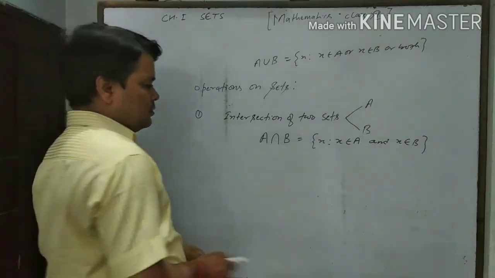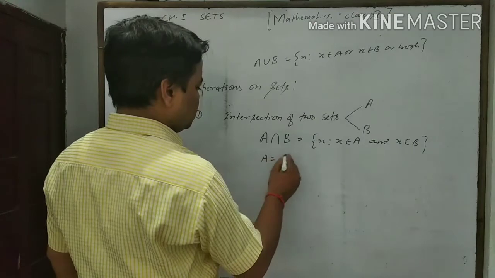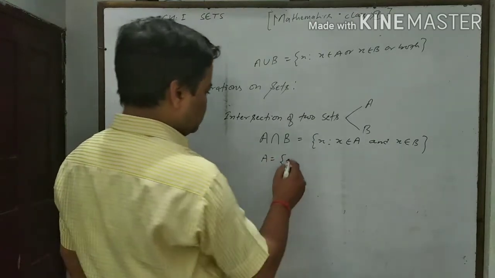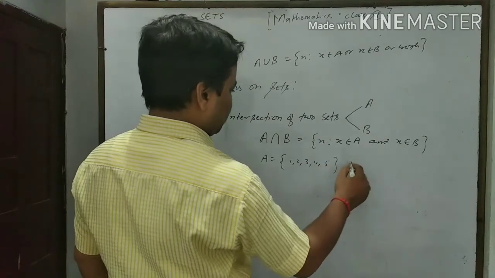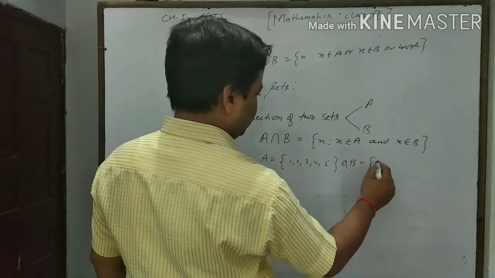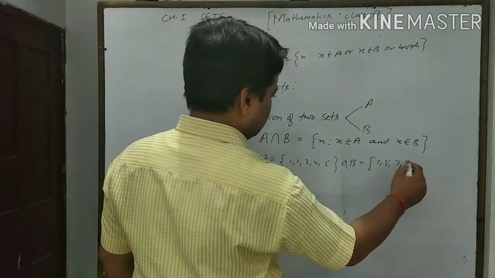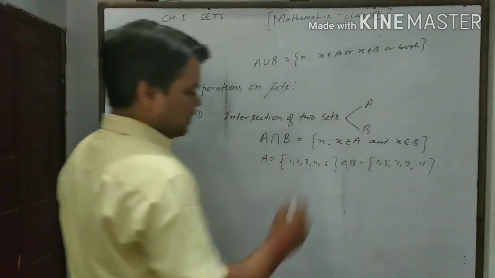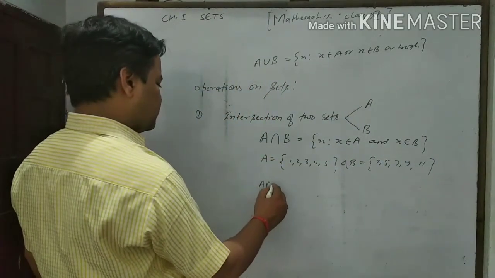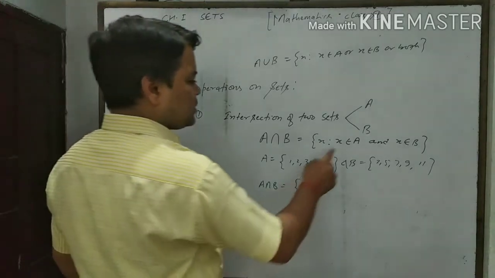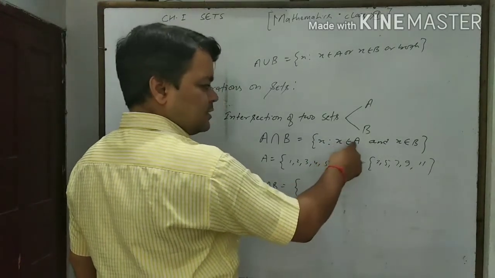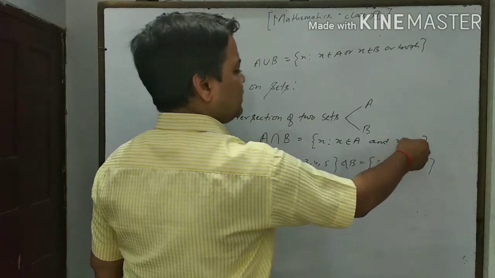With an example, let A is equal to {1, 2, 3, 4, 5} and B is equal to {3, 5, 7, 9, 11}. Then A intersection B means what? Which is common in A and B. This x is in A also and this x is in B also.